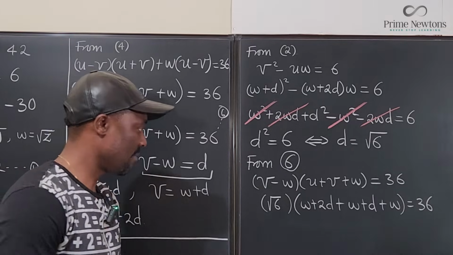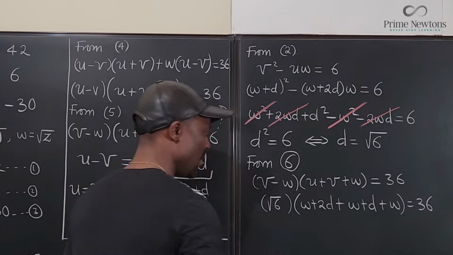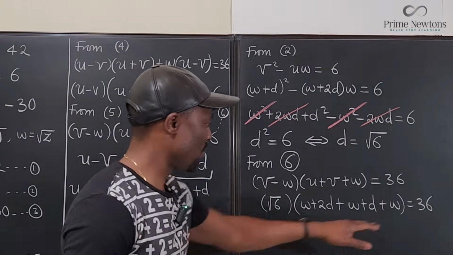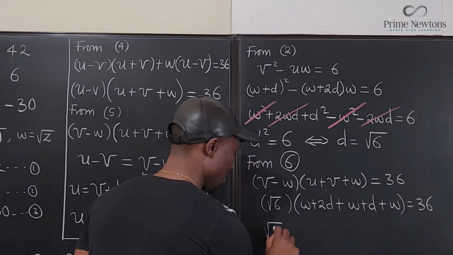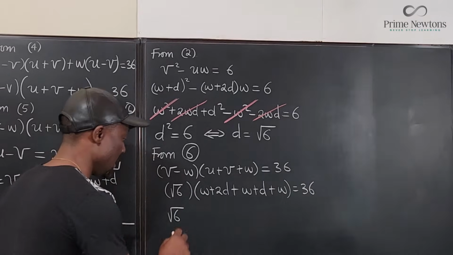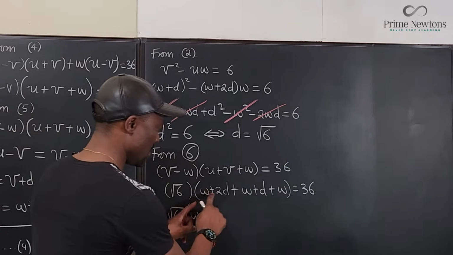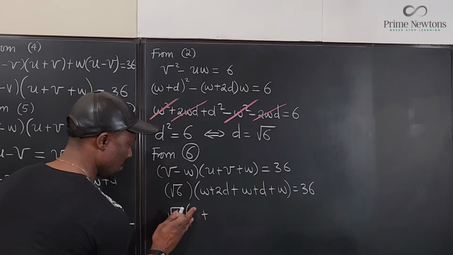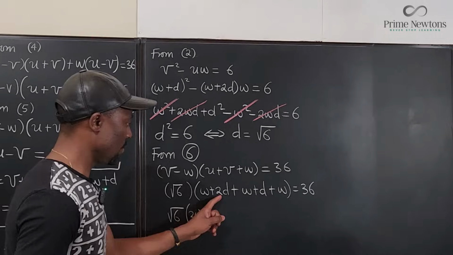Let's clean everything up. Let's do everything together. So I'm going to plug in square root of 6 into every point I see d. So I'm going to have w plus, how many w's? I got 3 w's. So we have 3 w's plus 2d plus d.